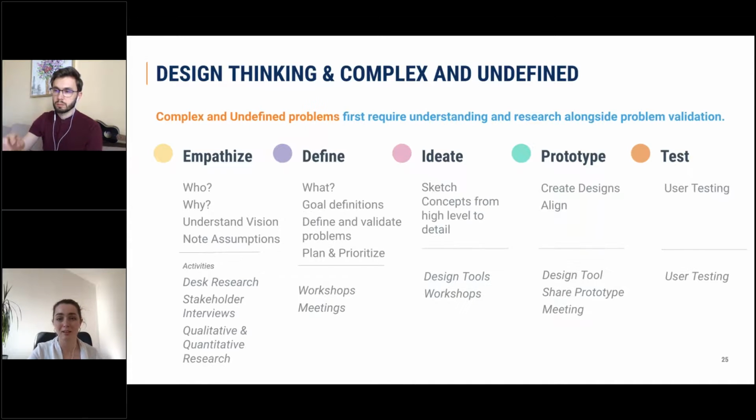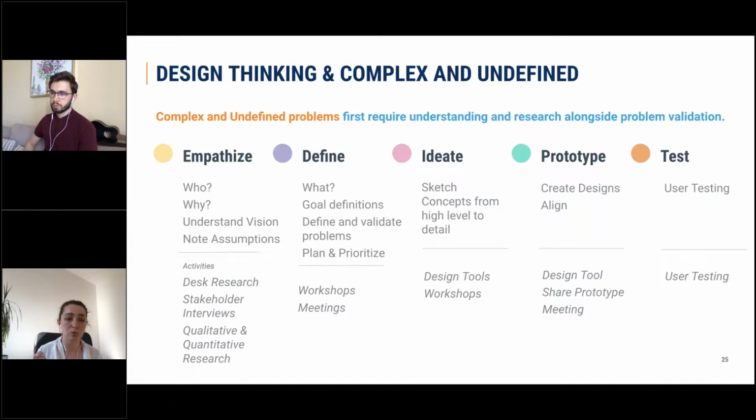In the complex and undefined ones, this requires understanding and research alongside problem validation. This is the main difference. There are a lot of assumptions that go into one of these types of problems.